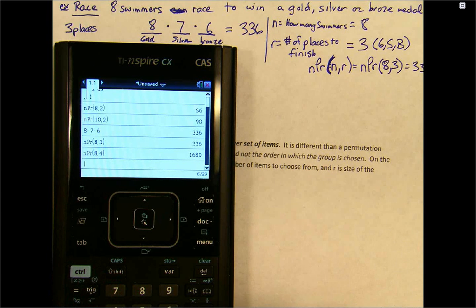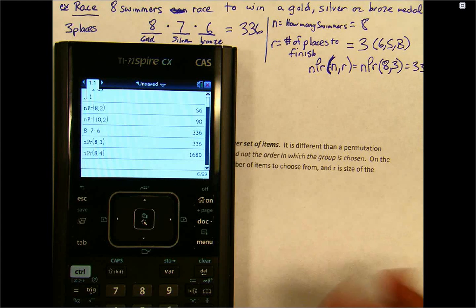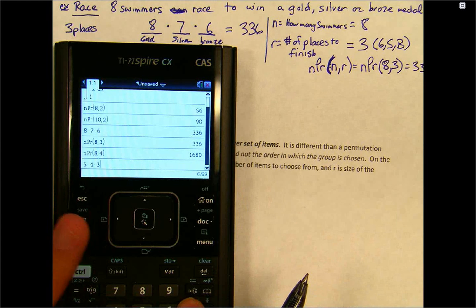Now, just like before, when I said you had 5 friends and you stood in line, we figured out it was 5 times 4 times 3 times 2 times 1. 5 times 4 times 3 times 2 times 1 is 120.